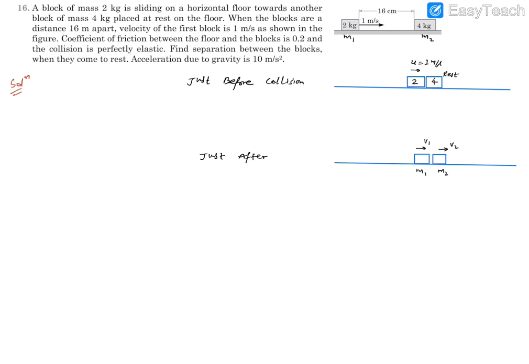Now in the first picture, when this was moving, the first block was experiencing a retardation by frictional force F. How much is that F going to be? We know that's going to be mu m1 g. So how much retardation is going to be there? We will write that retardation as mu g.